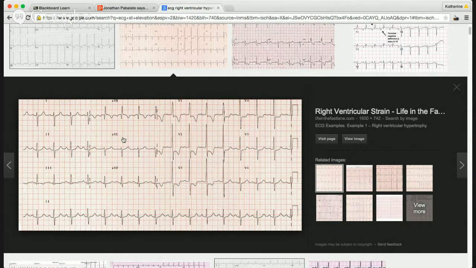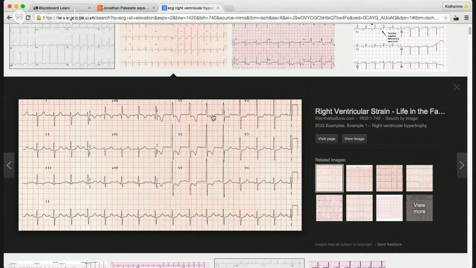And next we look for infarction. So I'm going to look for pathologic Q waves and ST segment elevation or depression. For pathologic Q waves, let's see, I do not see any, and that would be defined by width greater than 0.04 or height equal to or greater than 1/3 of the QRS complex.